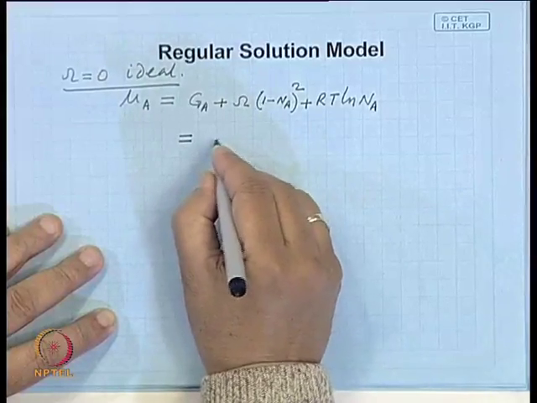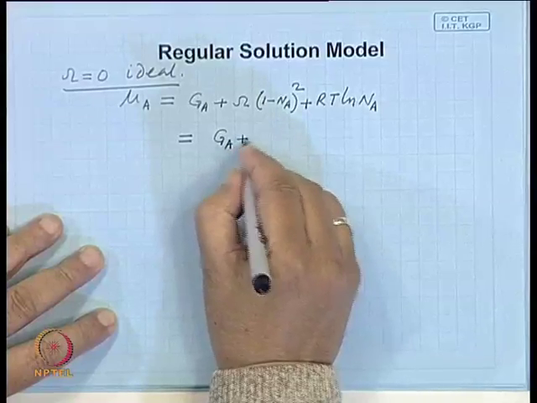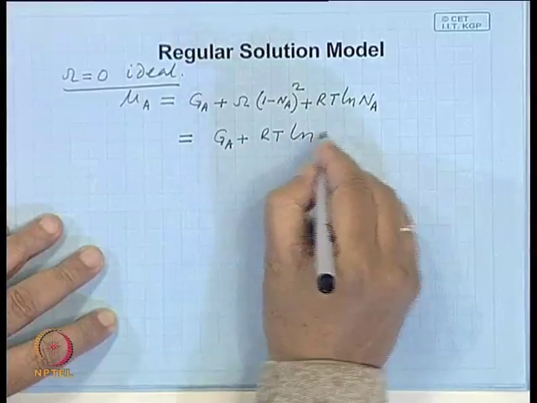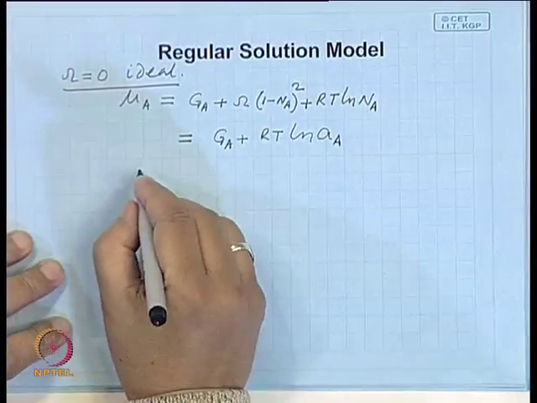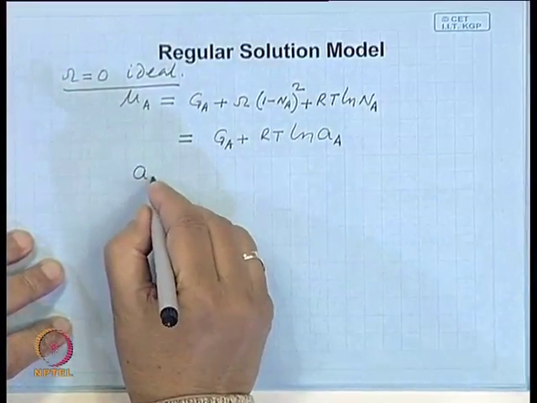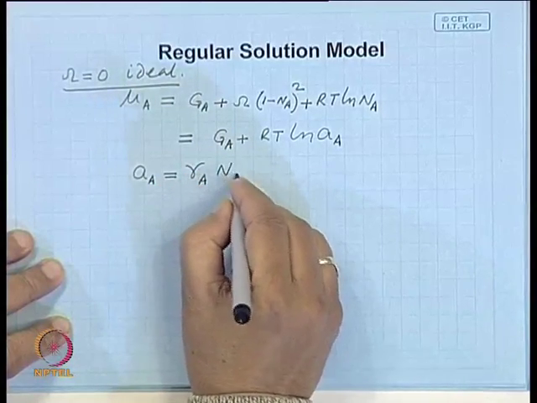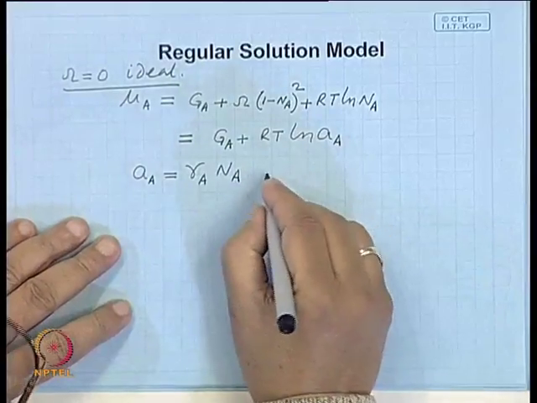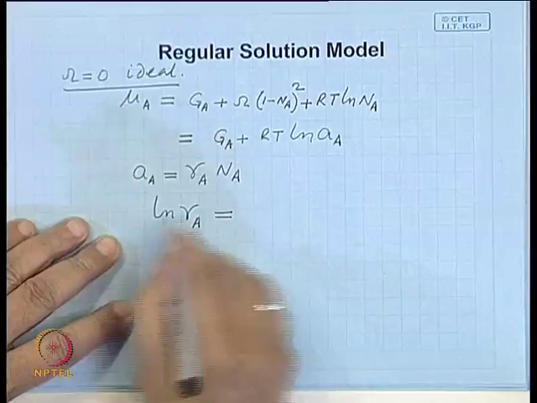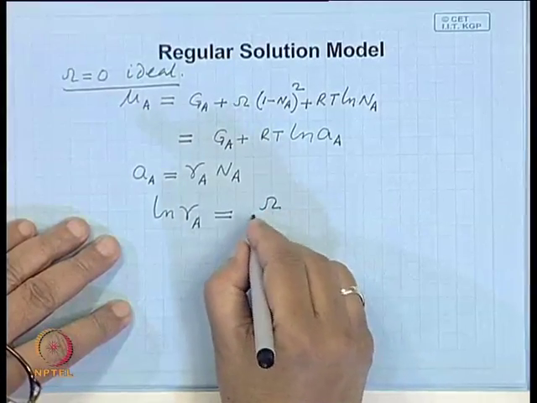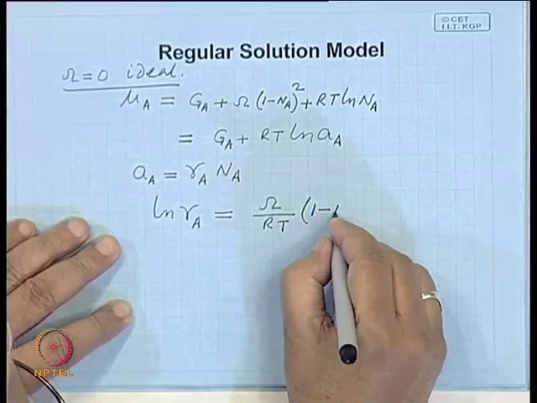So, this is equal to G A plus R T ln activity of A. One can show that activity A is equal to activity coefficient A times atom fraction, and therefore gamma A will be one minus.